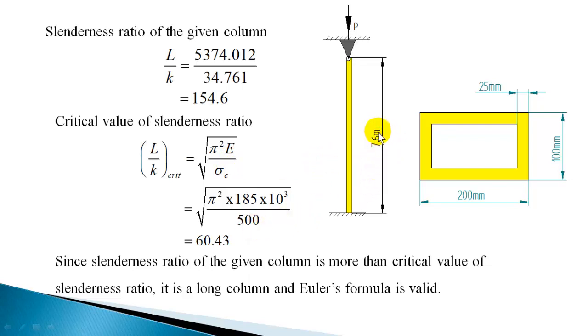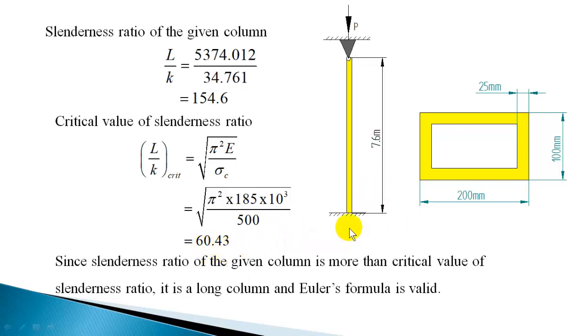That is the stress at which the column fails: due to the direct stress induced, the material starts yielding, so that is the failure point. Substituting, you get the critical value of slenderness ratio for this material as 60.43.